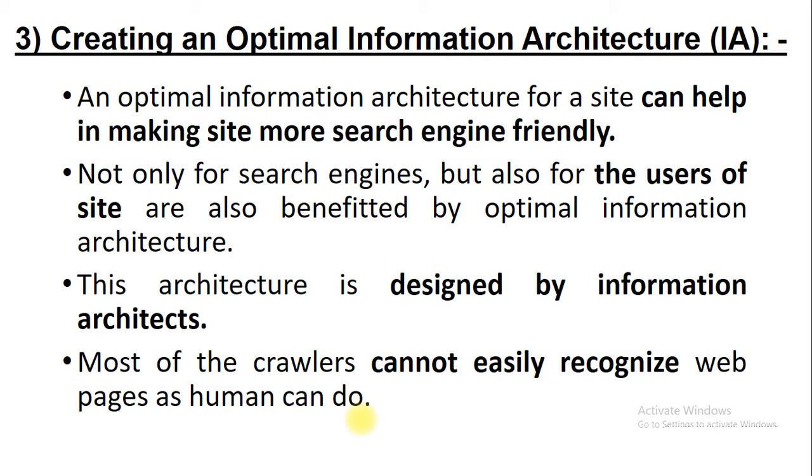With the help of information architecture it will also be beneficial for the users which belong to the particular website. So it plays a significant role both for the search engine as well as the users which belong to the particular website. Now this architecture is designed by whom? Naturally, information architects.